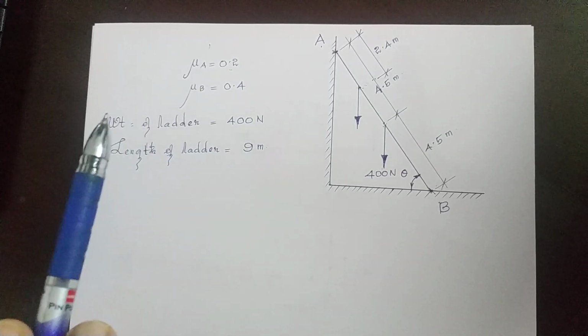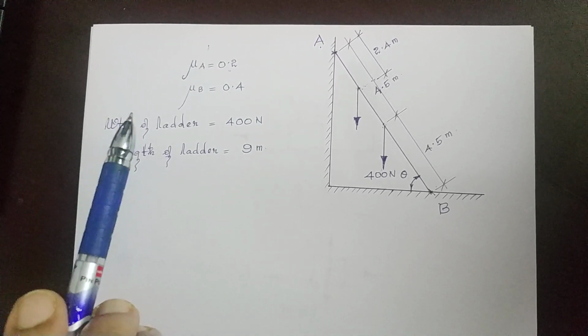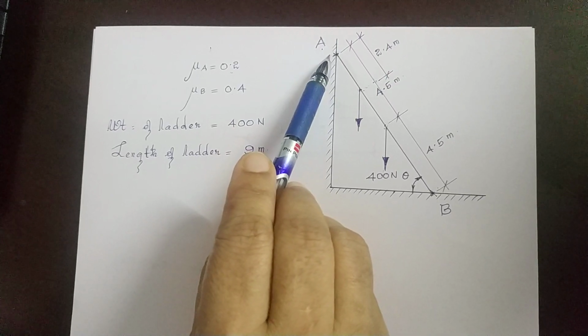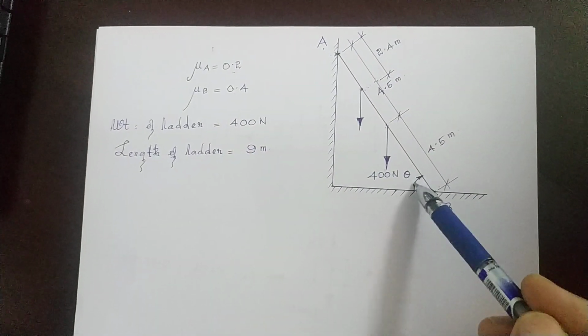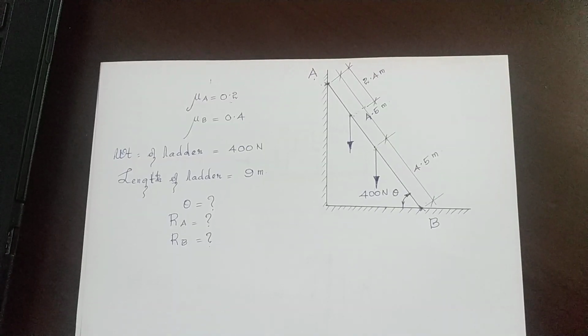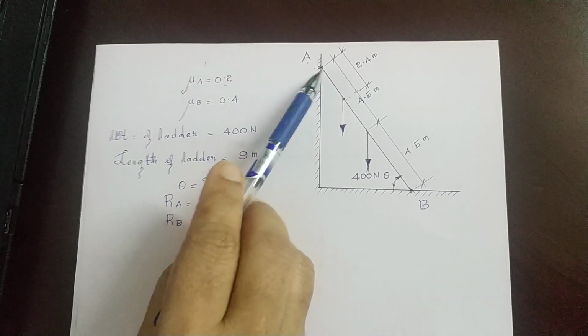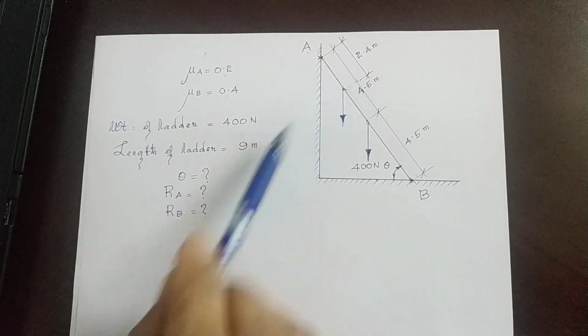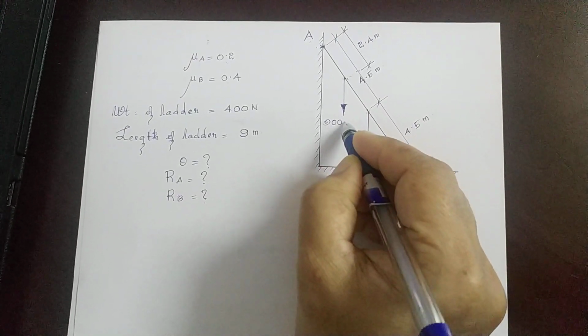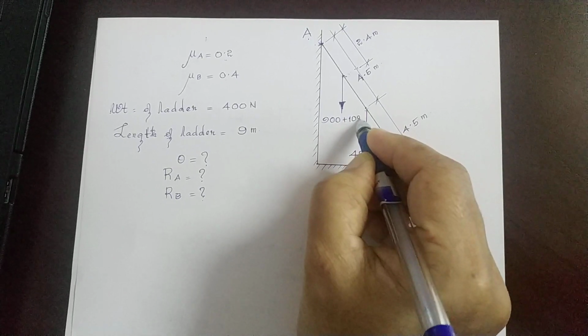The question is, determine the reaction between the ladder and the floor, the ladder and the wall, and the inclination of the ladder. The inclination is theta. So here, the man is standing at 2.4 meter from the top, and the man has a weight of 900 Newton and he carries a weight of 108 Newton.